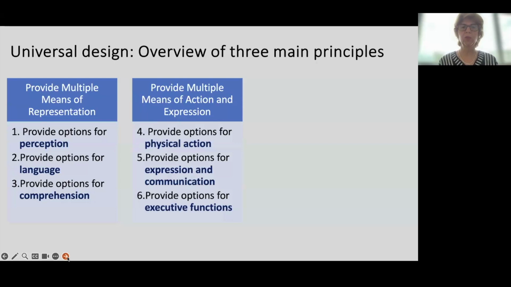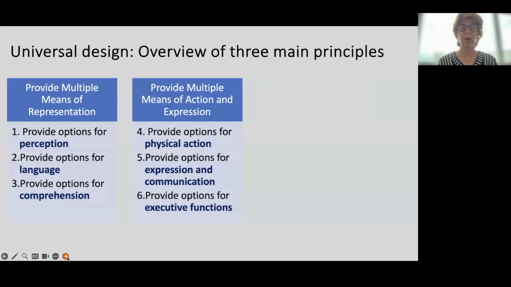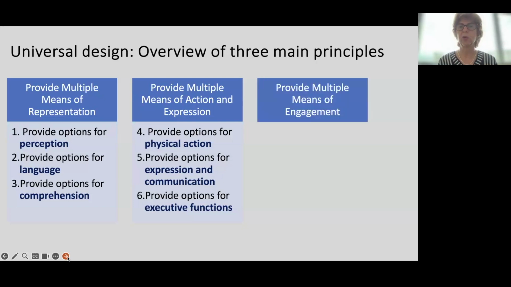Providing options for expression and communication, using different ways of expressing yourself, for example, in a blog post or maybe a voice message. Providing options for executive functions means options for goal setting, regulating your goals, setting targets for yourself in language learning.